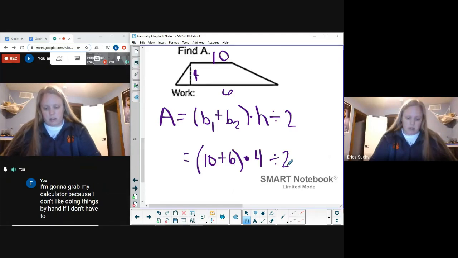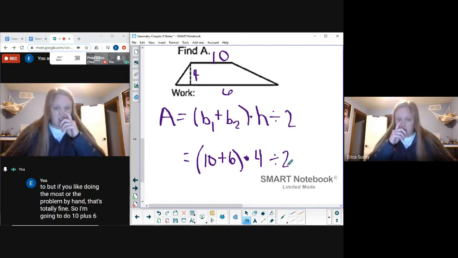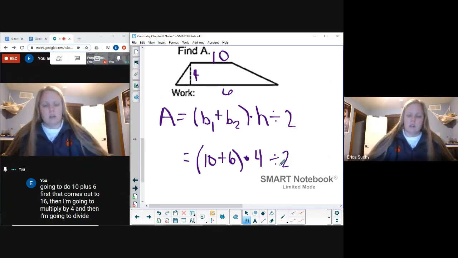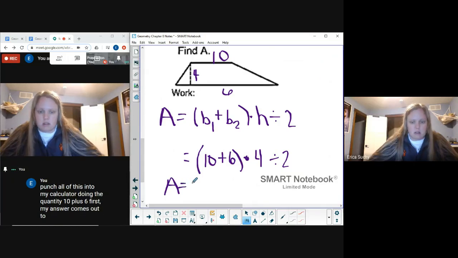But if you like doing the problem by hand, that's totally fine. So I'm going to do 10 plus 6 first. That comes out to 16. Then I'm going to multiply by 4, and then I'm going to divide by 2. So when I punch all of this into my calculator, doing the quantity 10 plus 6 first, my answer comes out to be 32.